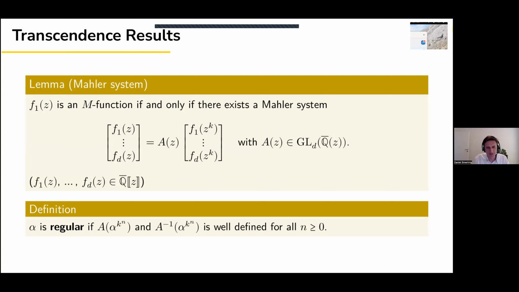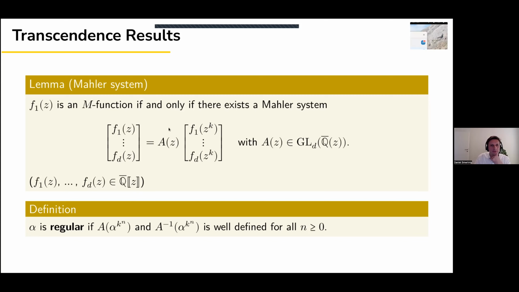The first thing that we need is, if we start with a Mahler equation of degree d, we can turn that, as for a differential equation, into a linear system of order 1. So we replace this one equation by a system of equations, but we go from order d to 1.